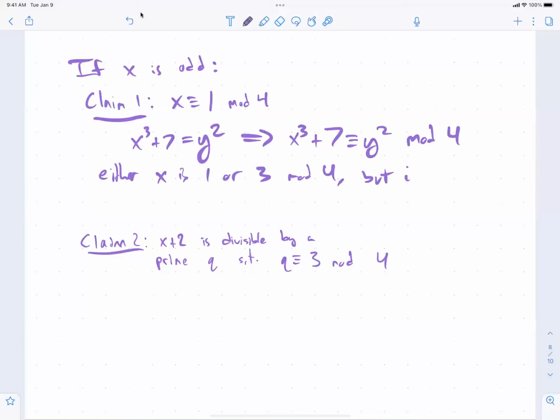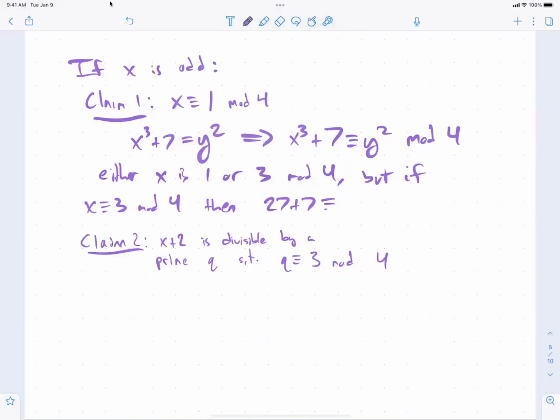But if x is congruent to 3 mod 4, then x cubed is congruent to 3 cubed mod 4, which is 27.